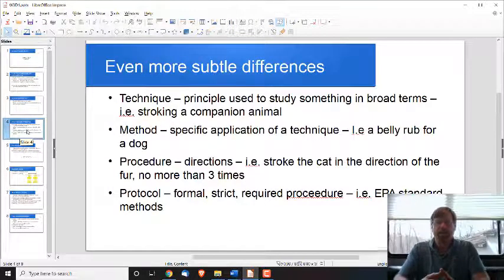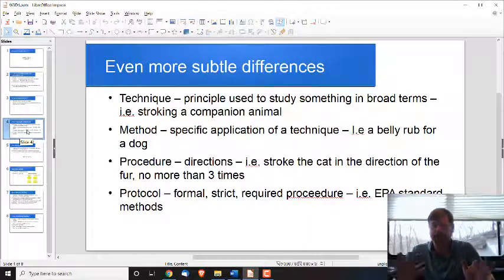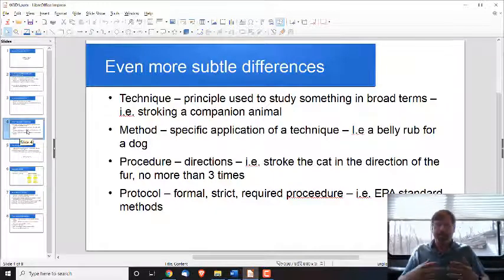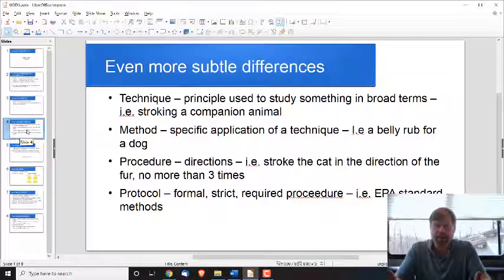All right, so there's some more similar concepts with subtle differences. A technique is the principle used to study something in very broad terms. The only example for this I could really think of easily was honestly kind of silly.